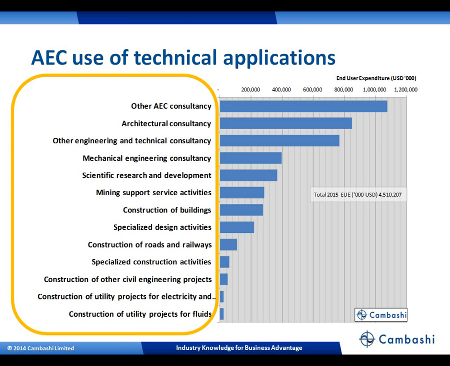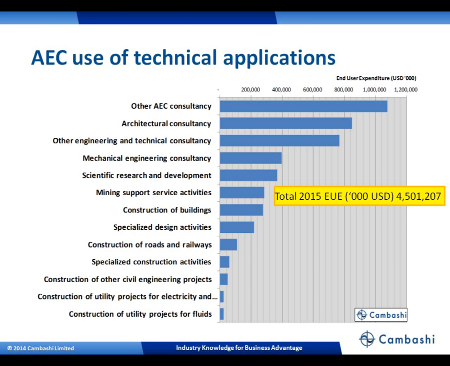This is helpful. If there are differences in the growth pattern for this broader market, then our offer, along with that of our competitors, is either growing or falling in importance compared to the other technical applications used in AEC verticals. So, the total for tech apps in AEC is over $4.5 billion.